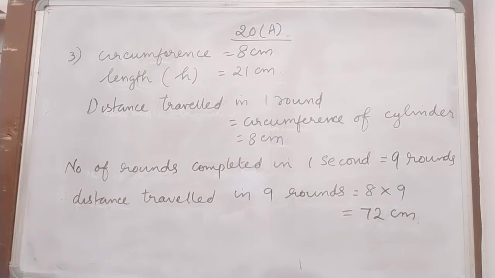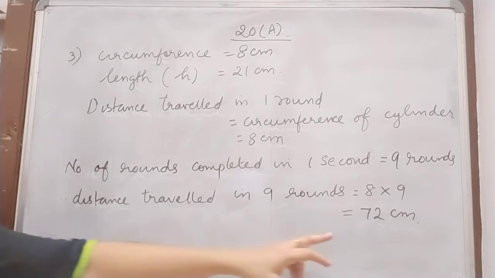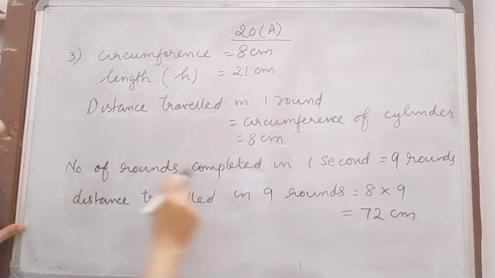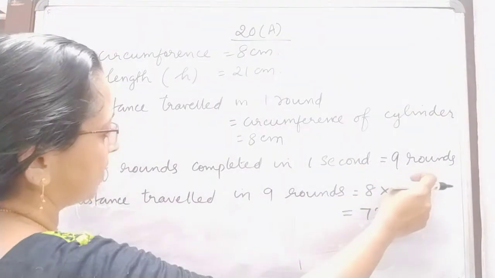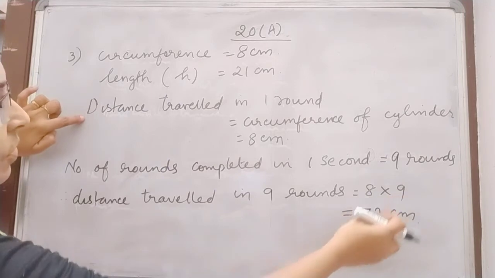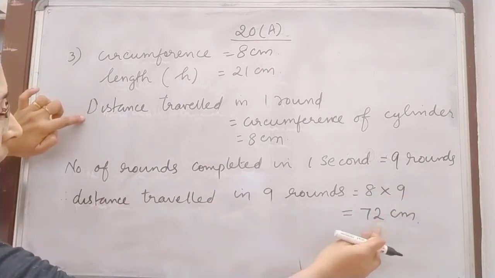Number of rounds completed in 1 second is 9 rounds. Therefore, the distance travelled in 9 rounds is 8 into 9, 72 centimeter.